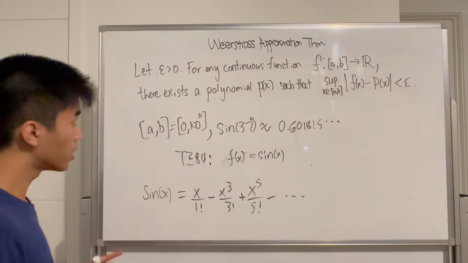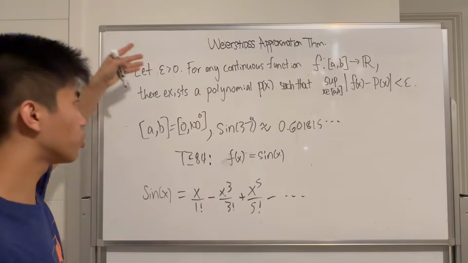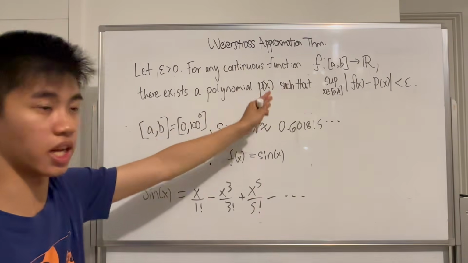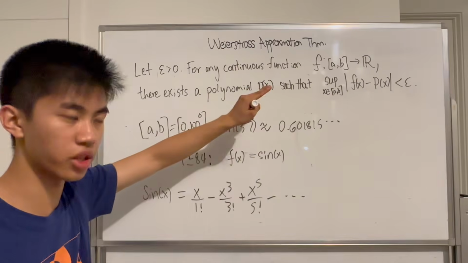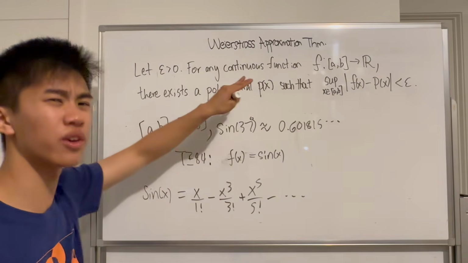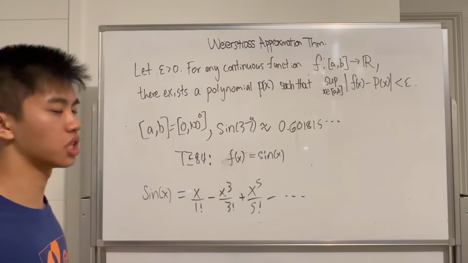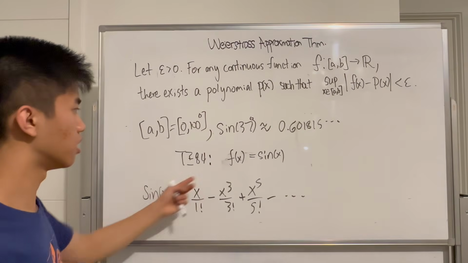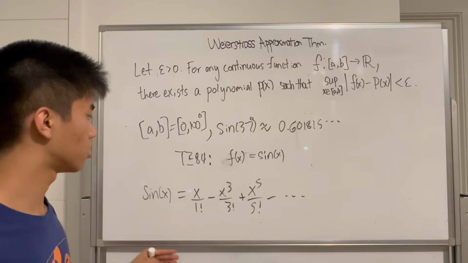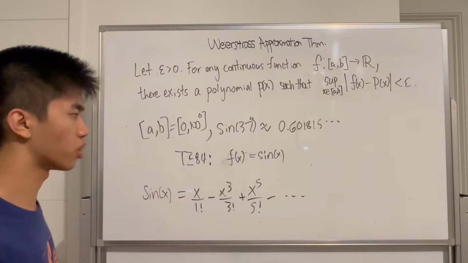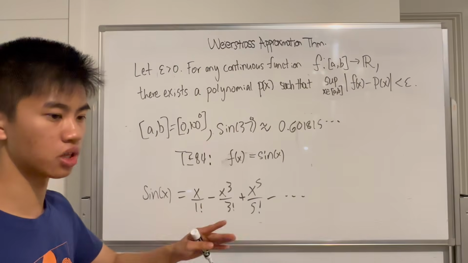Right? Now, this theorem tells you that there exists a polynomial that can approximate f of x arbitrarily well, but it doesn't really tell you how to find such a polynomial. But there are methods for this, and the Taylor series is a pretty standard way. It uses nth degree derivatives.